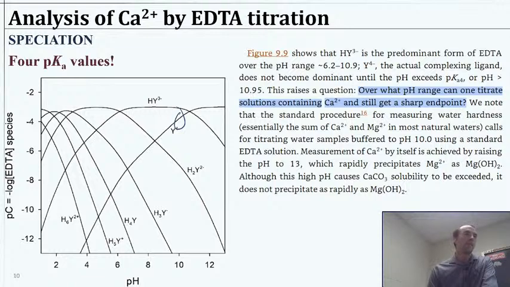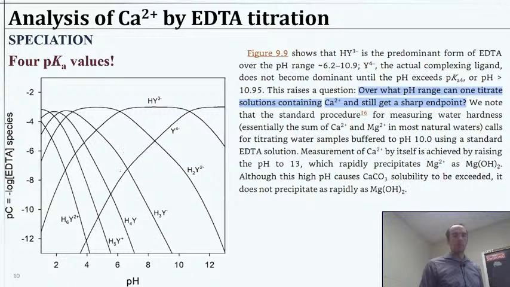Y4 minus. As soon as we complex with the Y4 minus, the equilibrium will draw some more to Y4 minus from the HY3 minus, right? So if we have at least some meaningful fraction of it, we'll still get some of it. Now, if we were down less than pH 4, there's no chance at all.